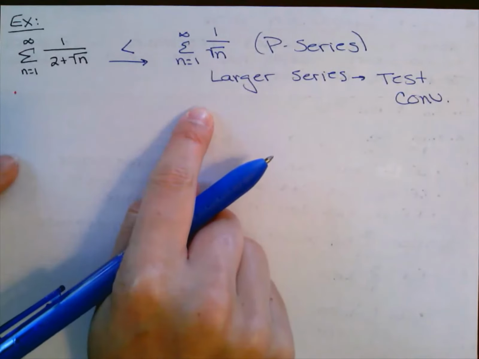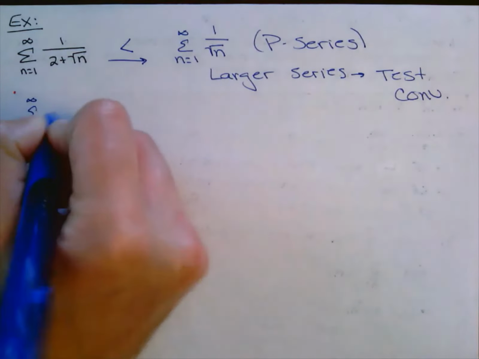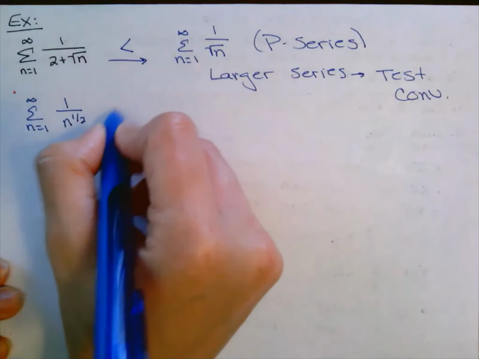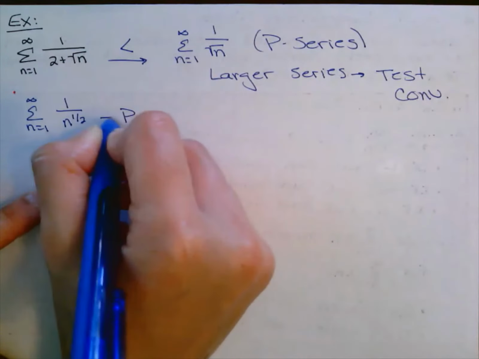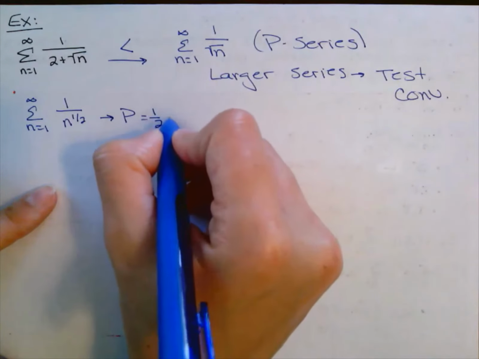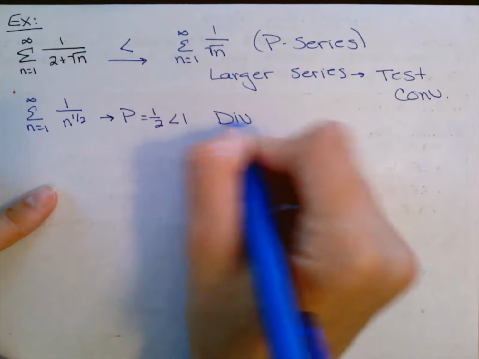And we said that this one looks like a P series. So moving on, let's rewrite this as the infinite series of 1 over n to the 1/2. According to P series, my P, which is 1/2, is less than 1, which means that it diverges, okay?